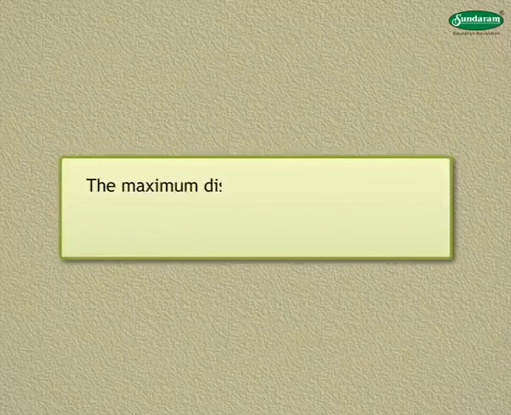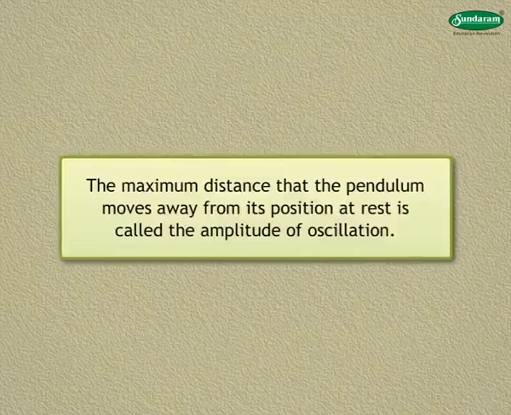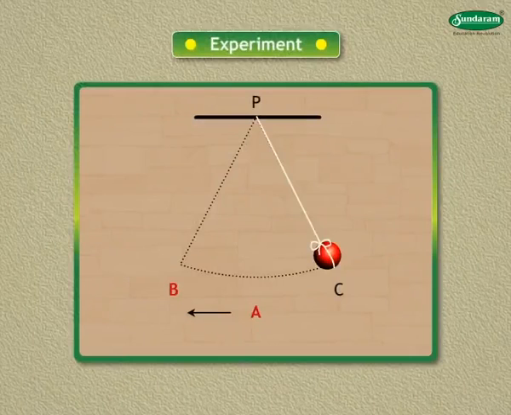The maximum distance that the pendulum moves away from its position at rest is called the amplitude of oscillation. In the experiment in which we calculated frequency of oscillation, AB is the amplitude of oscillation. A vibrating object vibrates within the limits of the amplitude of oscillation.